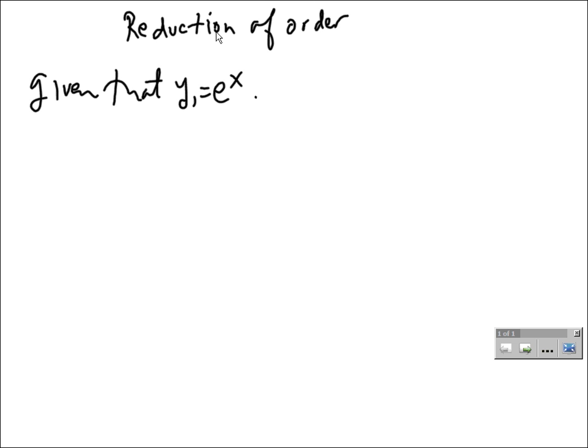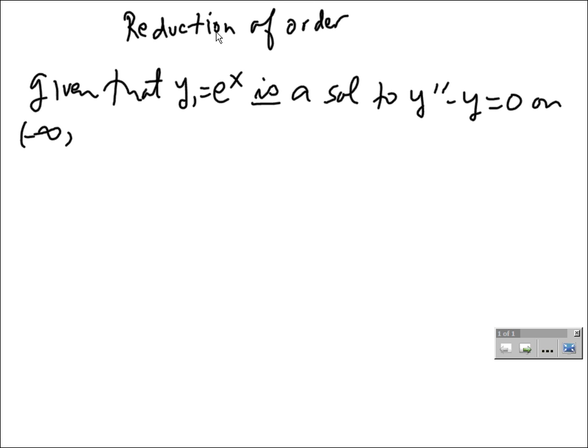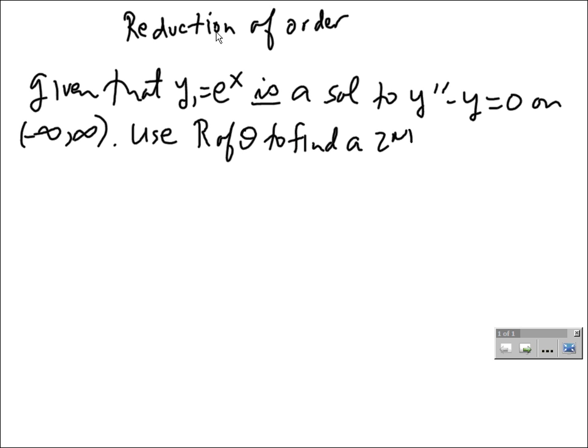y1 equals e to the x is a solution to y double prime minus y equals 0 on the whole number line, from negative infinity to infinity. And we want to use reduction of order to find a second solution, y2.